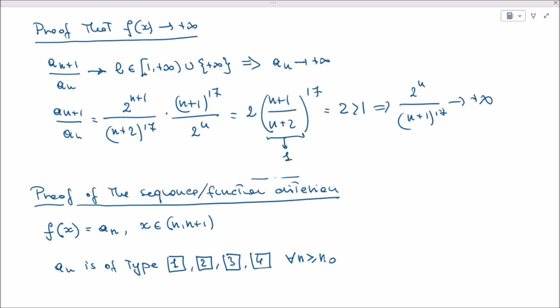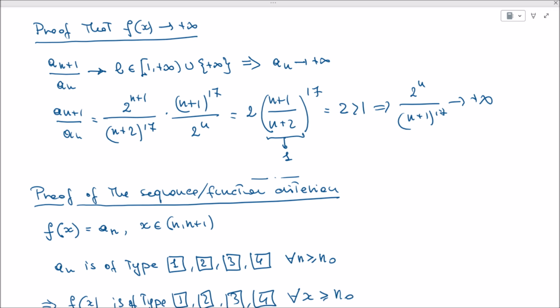So if we have that a_n has a certain behavior definitively, well, of course, it turns out that f of x is of type 1, 2, 3, and 4 for every x larger than or equal to this n0.